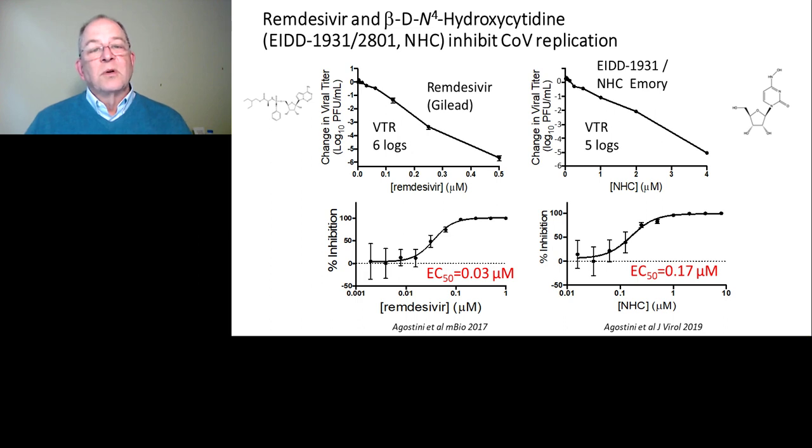You can see with increasing drug concentration, a decrease in virus titer that's log order reductions, up to millionfold reductions. And these have very, very low effective concentration 50s, sub-micromolar, low nanomolar concentrations, very effective inhibitors, which we were excited about. I'll tell you, we still don't know how they bypass the proofreading.